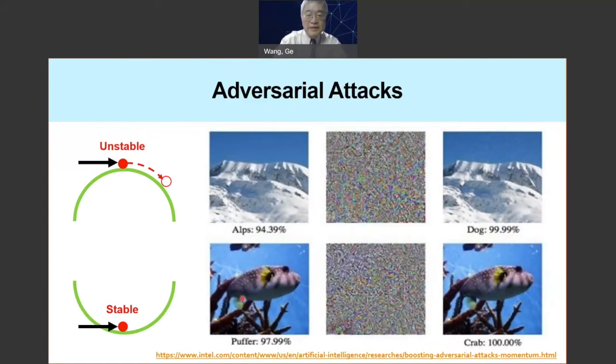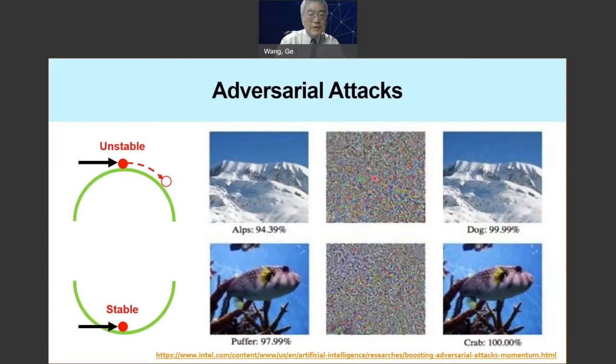Vulnerability, brittleness, or instability of deep networks is currently a very hot topic. So here you see two examples. In the top example, this is the original mountain image. Then we calculate subtle noise in a certain way, and the noise is so weak. We add it on top of the mountain image, and you get the right image. To human eyes, both the left and right images look the same as the mountain, but for a trained neural network, this calculation purposely tricks the network.